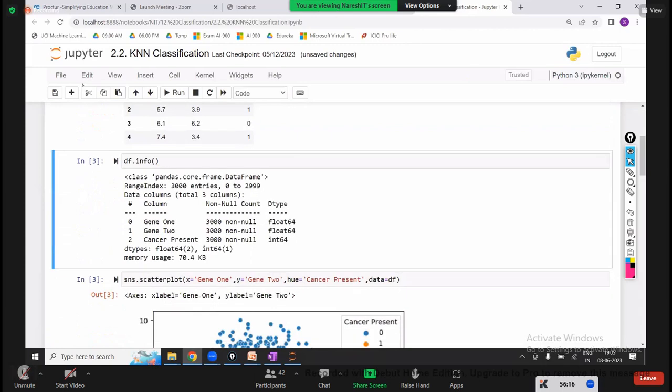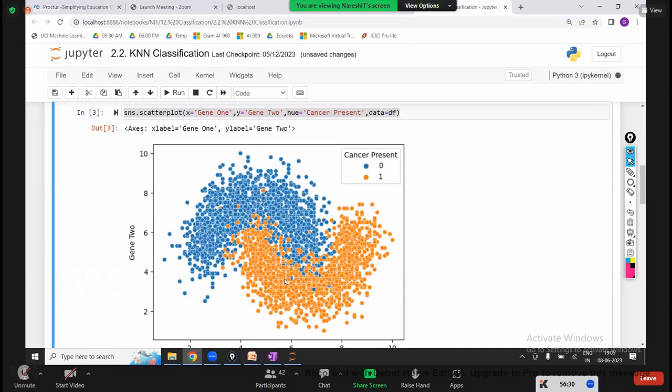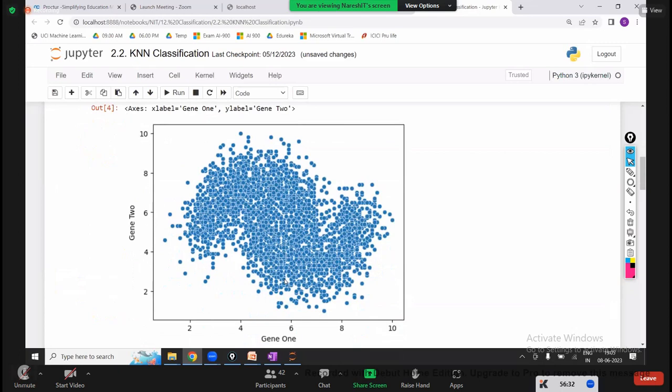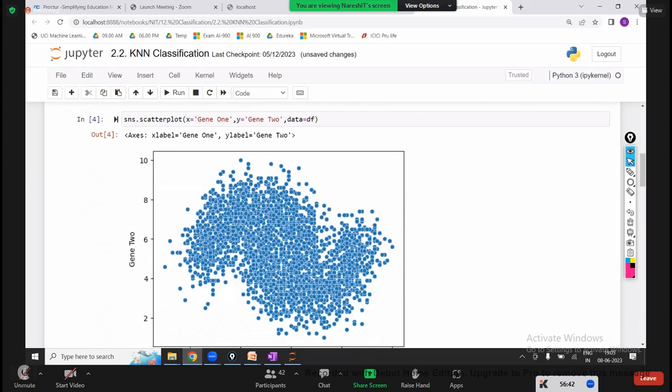I'm applying the scatter plot without using the hue, because I don't require the hue, only this. Now you have the scatter plot like this. Is the scatter plot clear? You got this scatter plot based on the two input variables x1 and x2.